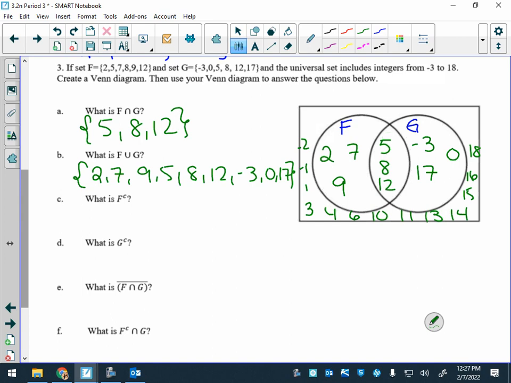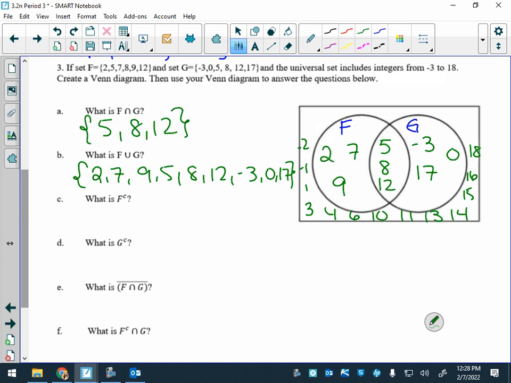So, not in F is -3, 0, 17, and the outside. How about not in G? John? Perfect. So, not in G, 2, 7, 9, and everything on the outside.